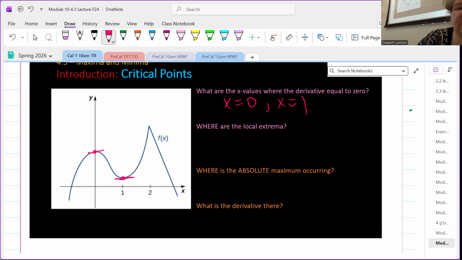But when we look at this graph, where are the local extremums? So where is the absolute max occurring? Yep. And then our min is whatever the endpoints are.